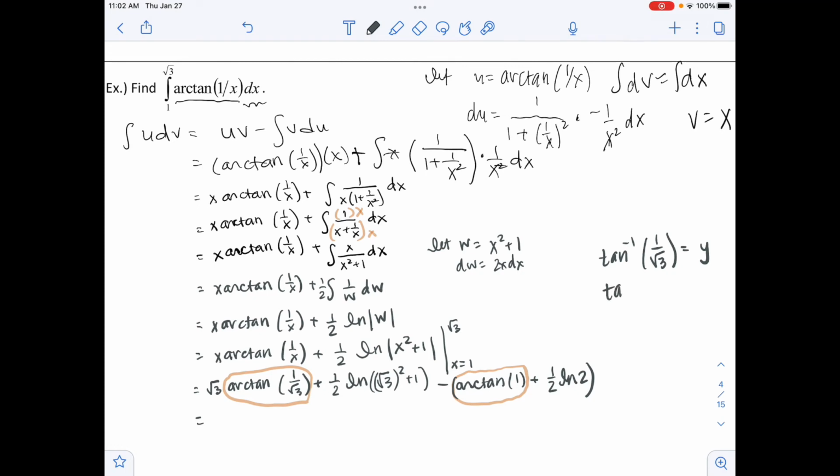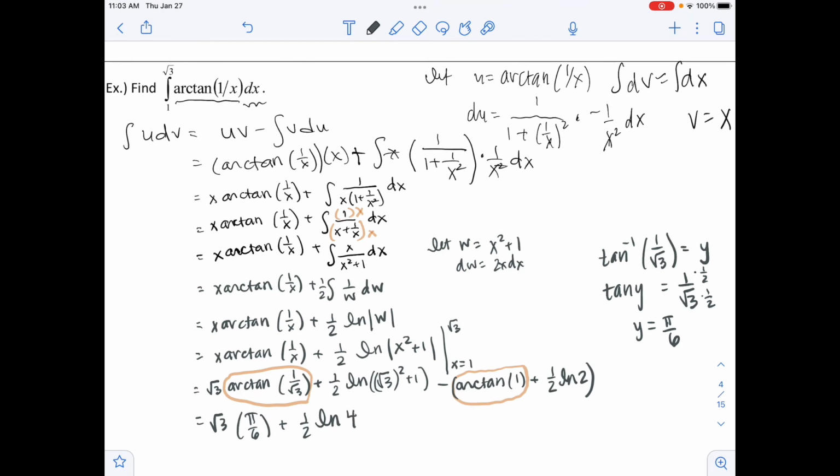And so this would be tangent of y is equal to 1 over rad 3, rewriting that without that inverse. And so this would be on your unit circle, if you think about it, the point on the unit circle where cosine is rad 3 over 2 and sine is 1/2. And that occurs when y is equal to pi over 6. So we know that we have rad 3 times pi over 6 plus, and then we have 1/2 ln of 3 plus 1, which would be ln of 4.